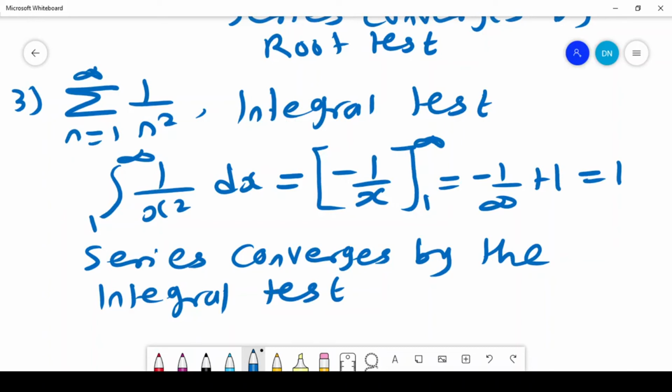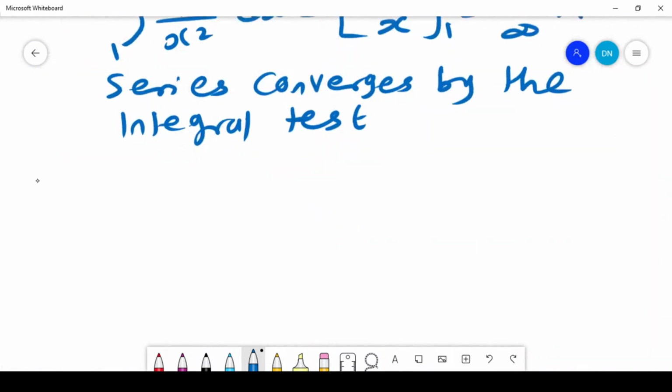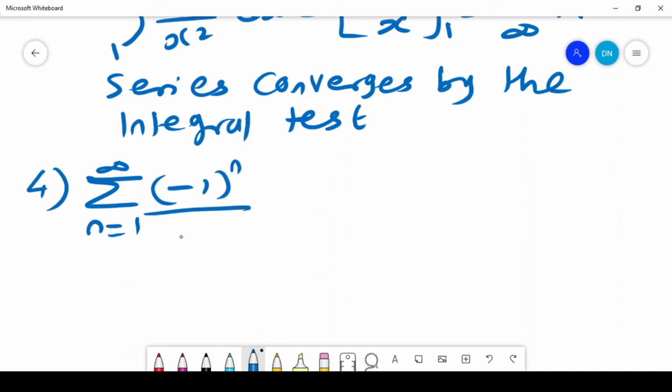We can look at even alternating series. We can look at the last example, number 4, and I want to see if it is alternating. How would we approach it? For example, negative 1 raised to power n all over n squared. We have seen 1 over n squared converges. What about this?